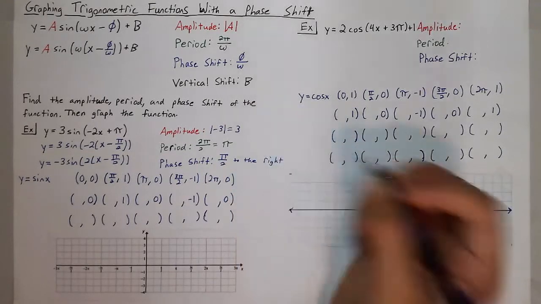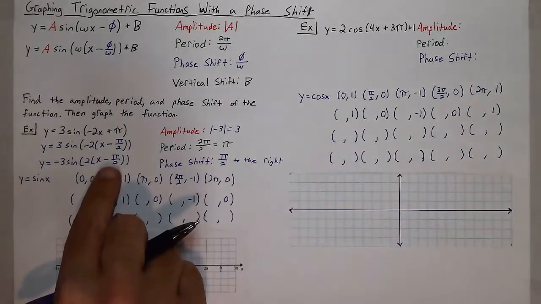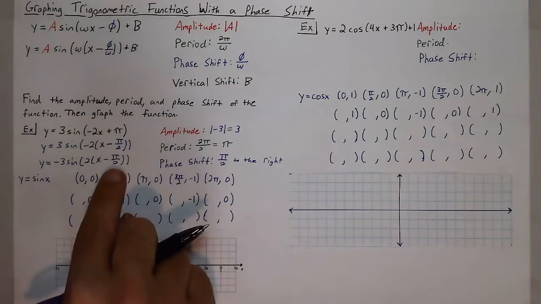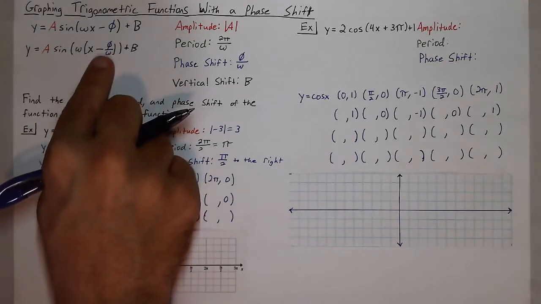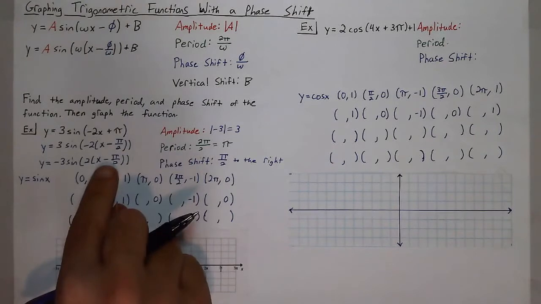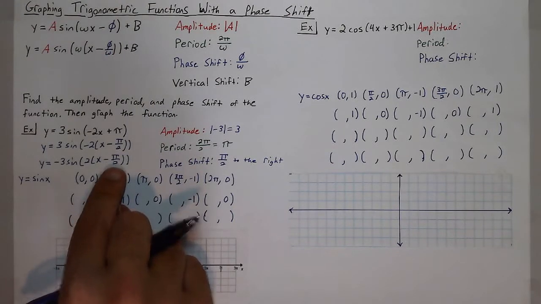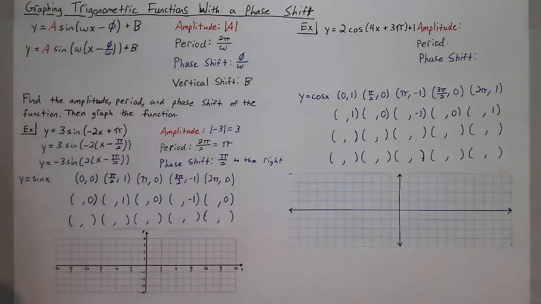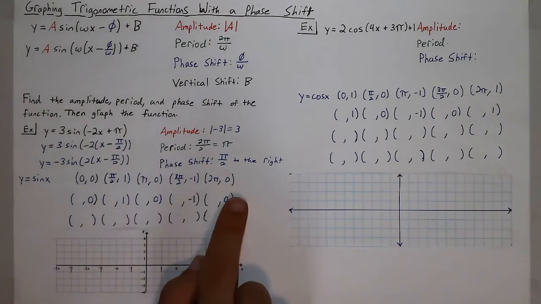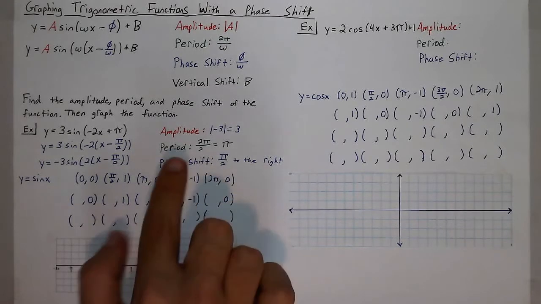The reason why I know it's to the right is that I'm doing a minus pi over 2. So that's a positive pi over 2 according to my original formula up here. If I was adding, that would be a negative pi over 2, which means I would go to the left instead. So knowing all of this, let's get into how to actually use these key points, how to alter them when I know I have this change in period and phase shift.